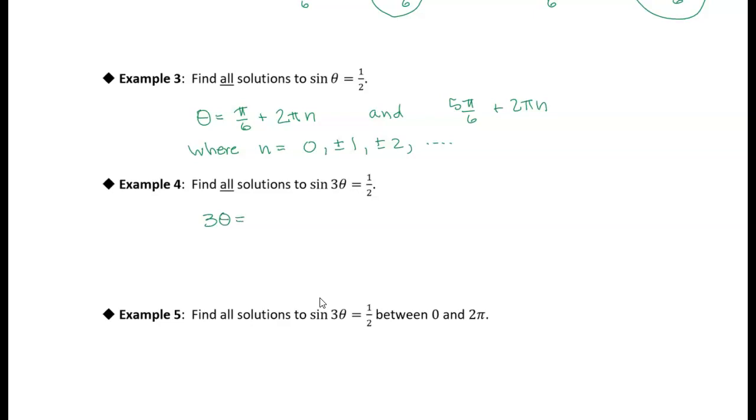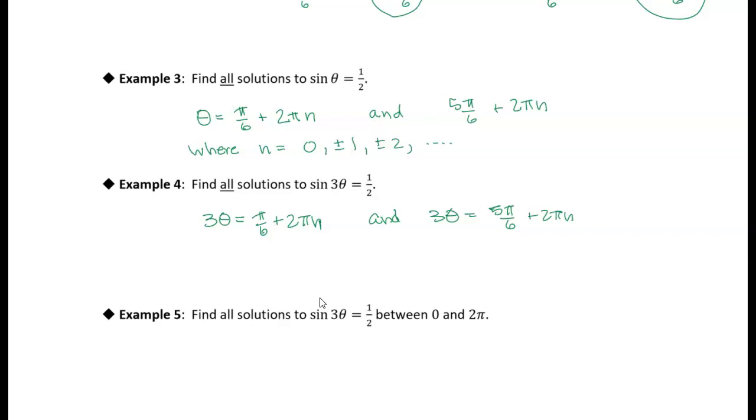So 3 theta is equal to pi over 6 plus 2 pi n, and 3 theta is equal to 5 pi over 6 plus 2 pi n. Okay? That's 3 theta, but we actually just want theta.